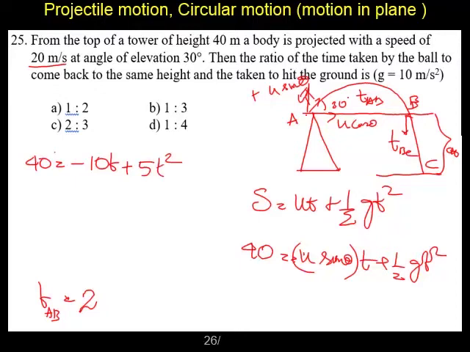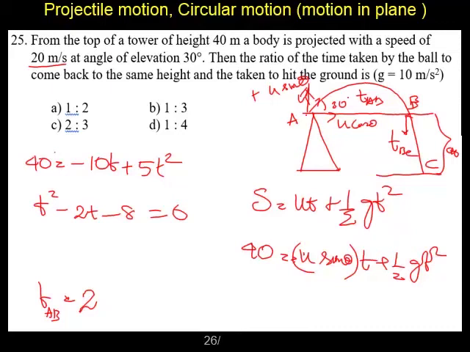Here is a quadratic equation, so we divide the entire thing by 5 and get t square minus 2t minus 8 equal to 0.